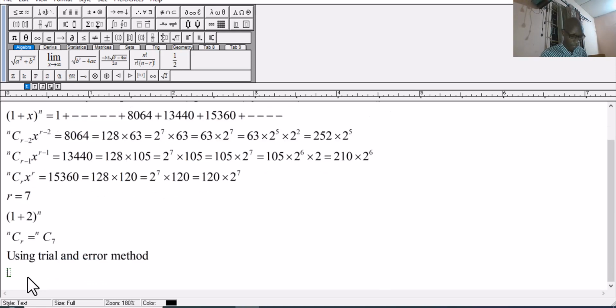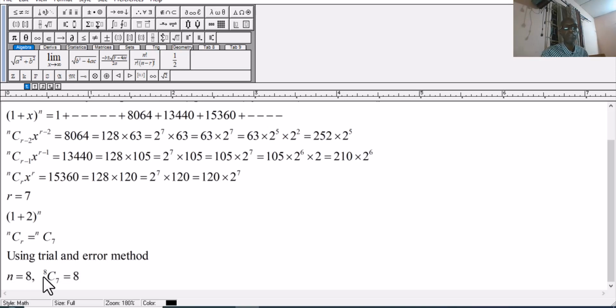So let n be equal to 8. So when your n is equal to 8, we have 8 combination 7. So 8 combination 7 will give us 8.